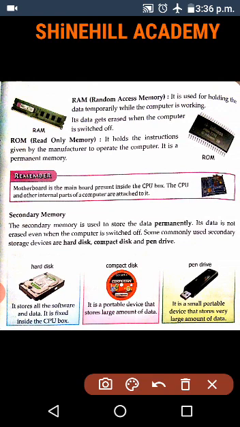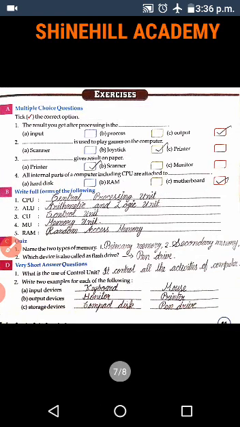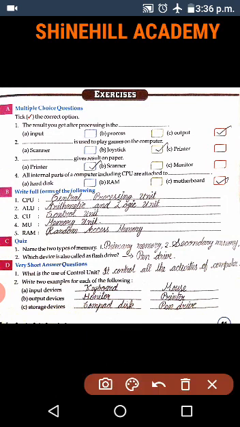Okay. Now we are going to write the book back work. First one, the result you get after processing is the output. And then joystick is used to play games on a computer. Third question, printer gives the result on a paper.